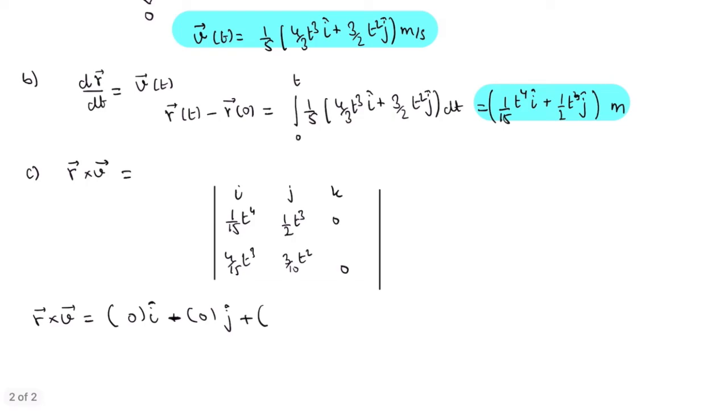So it will be t to the power 6 over 50 minus 4 t to the power 6 upon 30 k cap. Let's take t to the power 6 outside. It will be 1 upon 50 minus 2 upon 15 k cap. I'm not reducing it any further.